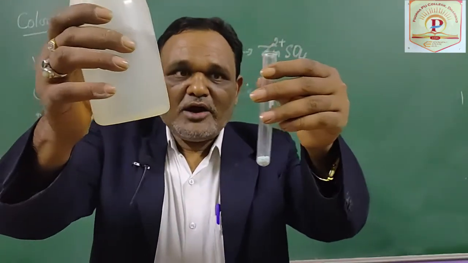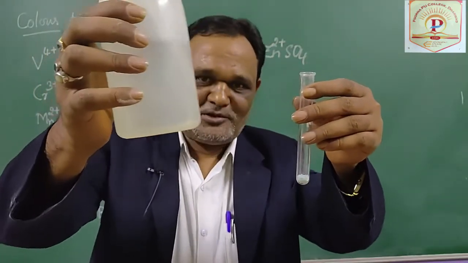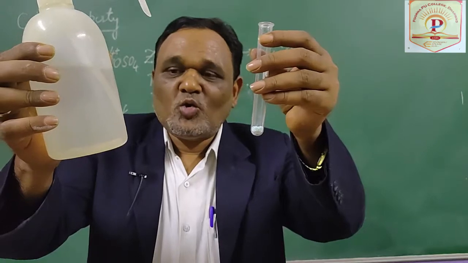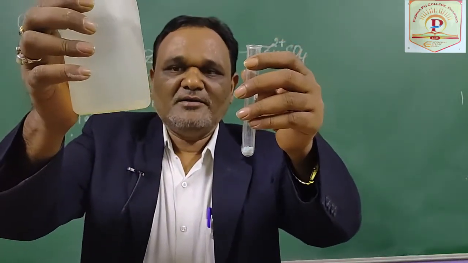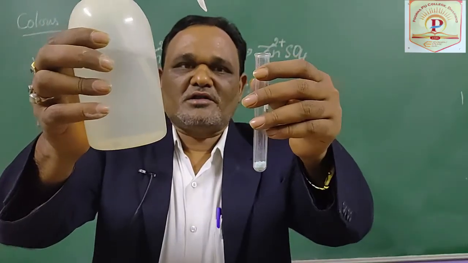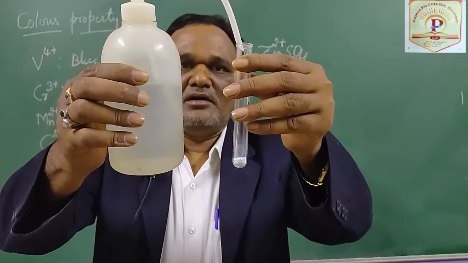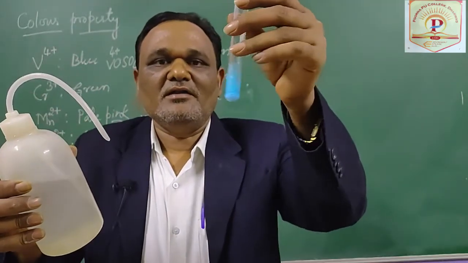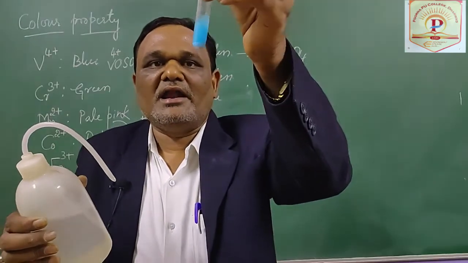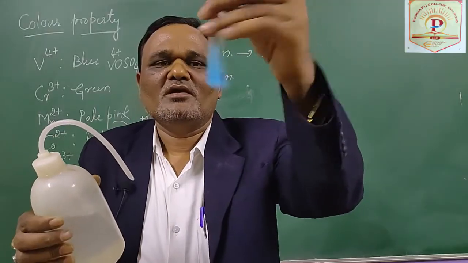Water I am going to add to this one. Water is also colorless, and I am mixing the two colorless compounds. This is heated copper sulfate, and this is the water, which is also colorless. Now you can observe, we are seeing the regain of blue color.